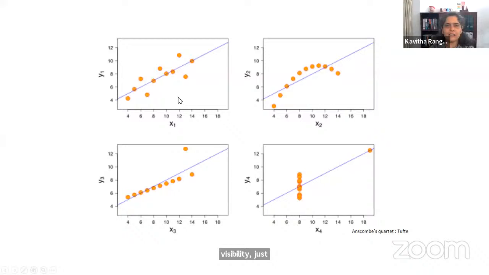For those of you who are familiar with a scatter plot, that's the ideal way to look at a correlation between 2 quantitative variables. I have 2 numbers or 2 metrics, and I want to see if they're related to each other, and a scatter plot helps me do that.